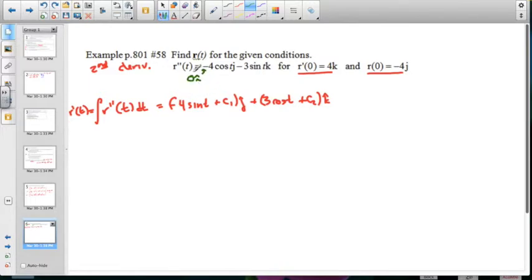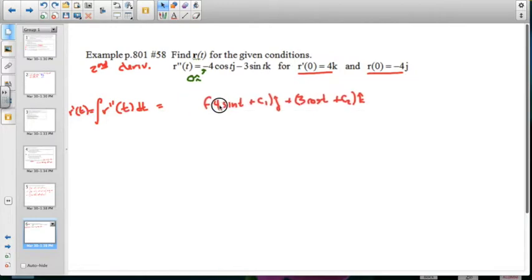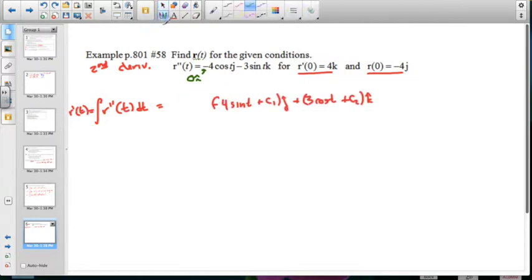And so if we're going to integrate that, we're going to possibly at least get a constant of integration. So really we might have out here a C3 i. We don't know until we look at the initial conditions here.